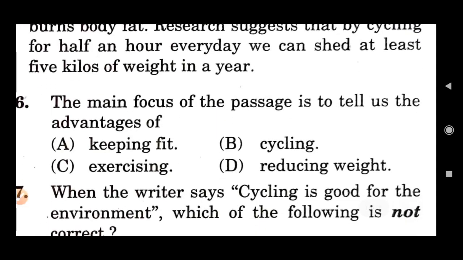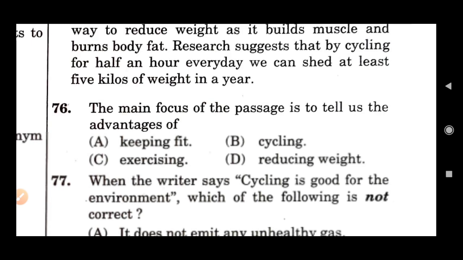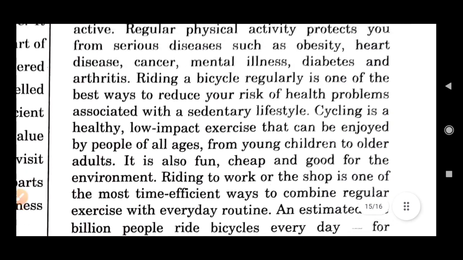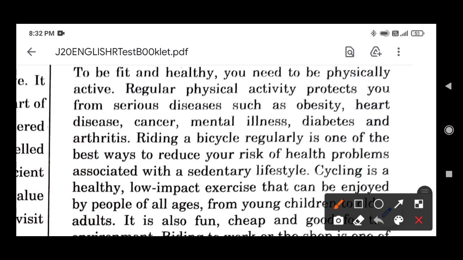The main focus here, dear friends, remember one thing: we need to understand the underlined words. We need to underline some of the important sentences and important words. For example, here, riding a bicycle regularly is one of the best ways to reduce your risk of health problems associated with sedentary lifestyle.